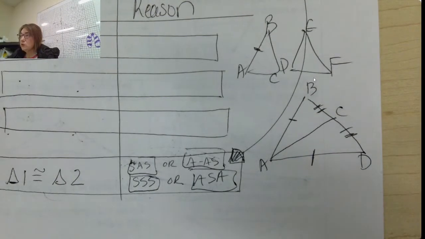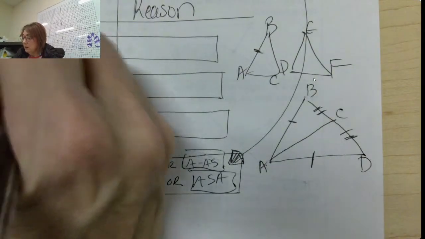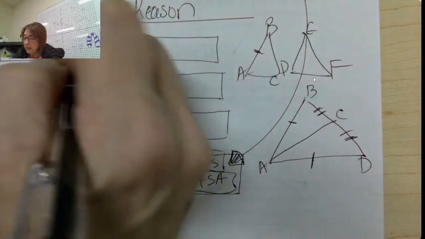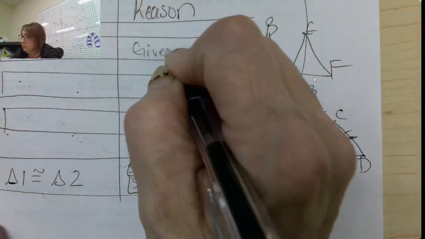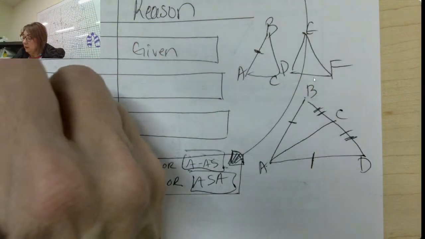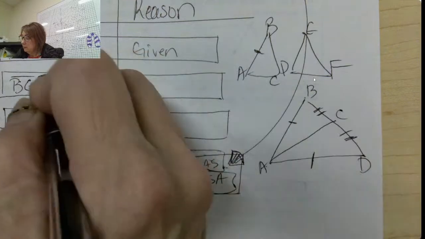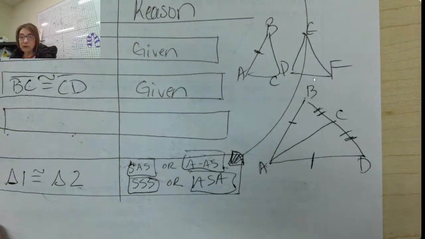Let's pretend like this was a proof, okay? And you know that AB is congruent to AD. And how do we know that? It's given. Right? And then you know that BC is congruent to CD. And how do we know that? It's given. Right? That information is given.